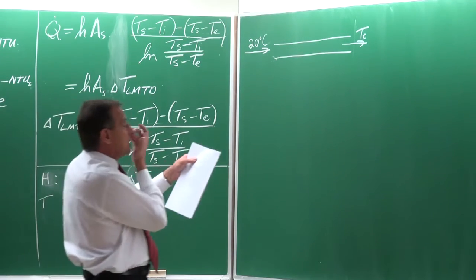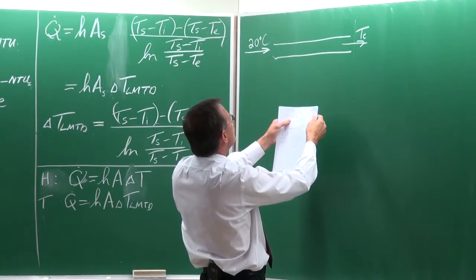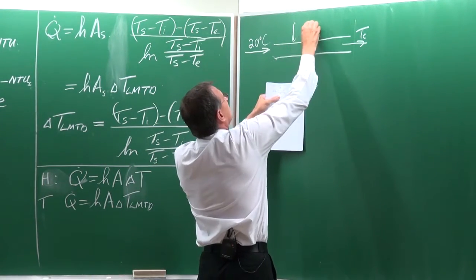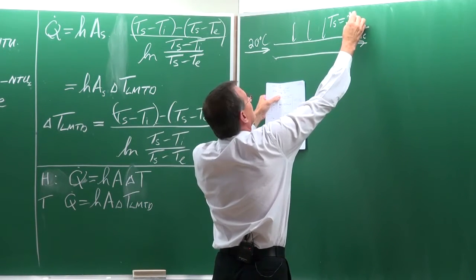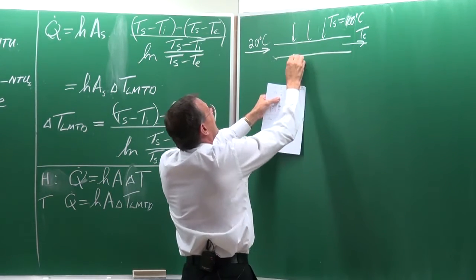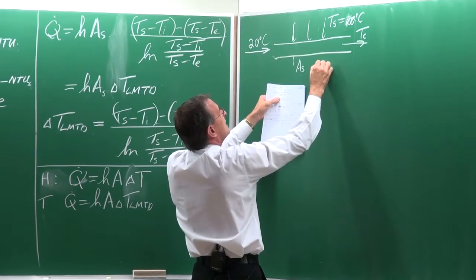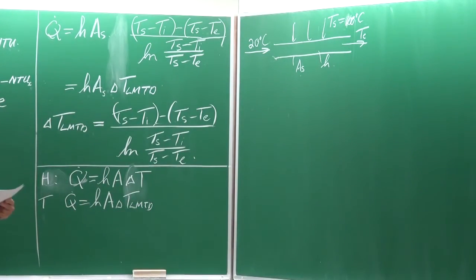Now let's look at the very simple case where you've got fluid flowing through a tube, and the surface temperature is constant at, let's say, 100 degrees Celsius, and that is the surface area and that is the heat transfer coefficient. So everything has been given.